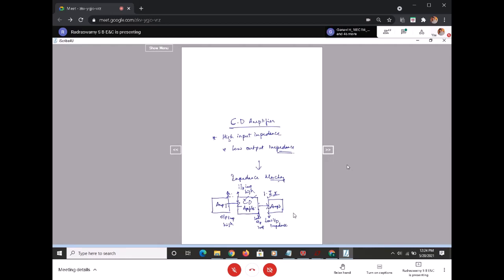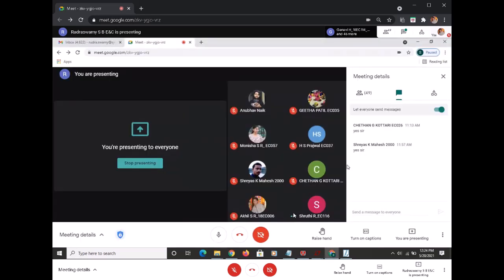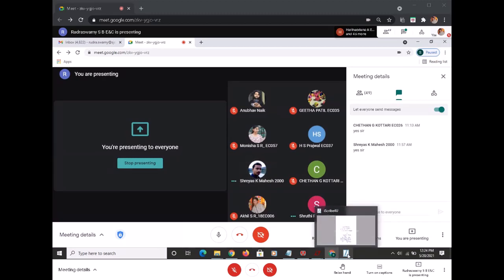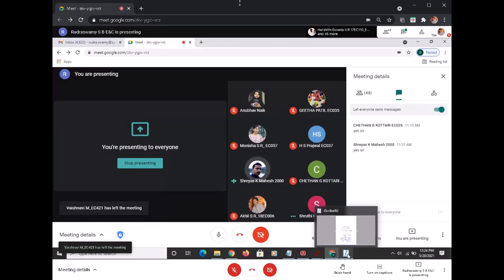Any doubts in this common drain amplifier design? Sir, since you mentioned those characteristics, can I say it is also a kind of stabilizer, application wise? It is not a stabilizer. What do you mean by stabilizer?